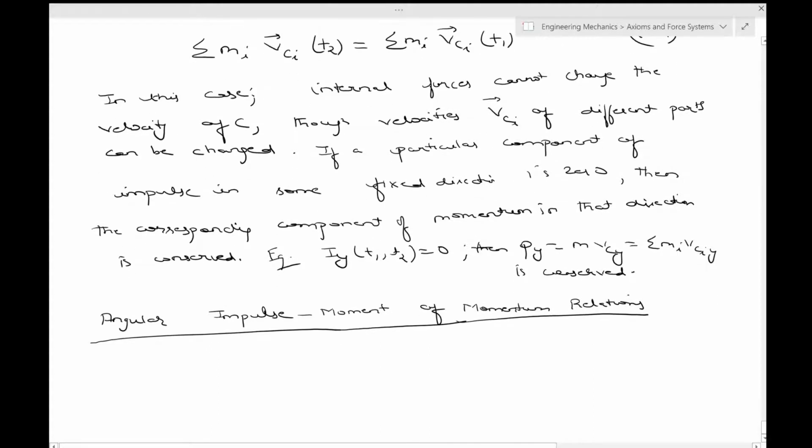Let's discuss this. Just like we had the impulse moment relation, we now want to have its angular impulse moment of momentum relations. This is just the angular perspective to what we have just studied. Just like last time, we have all entities in this section.